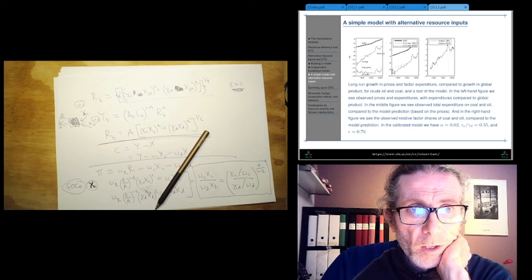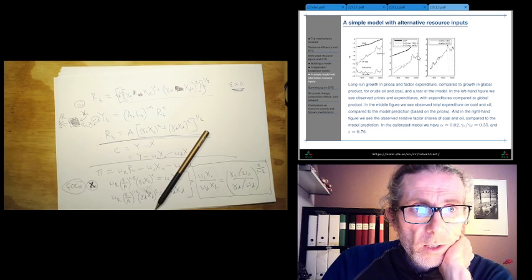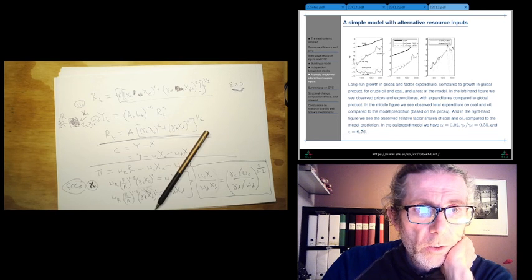Okay, so for the parameters we've chosen, the dashed line is what the model says given these prices, and the continuous line is the observed expenditure. Oh no, it's the sum of coal and oil.